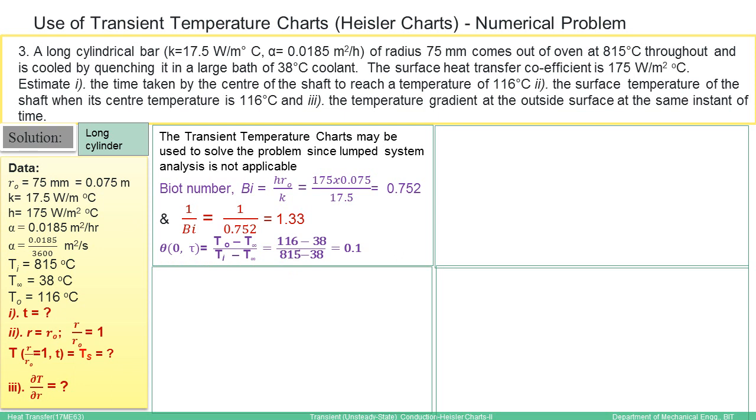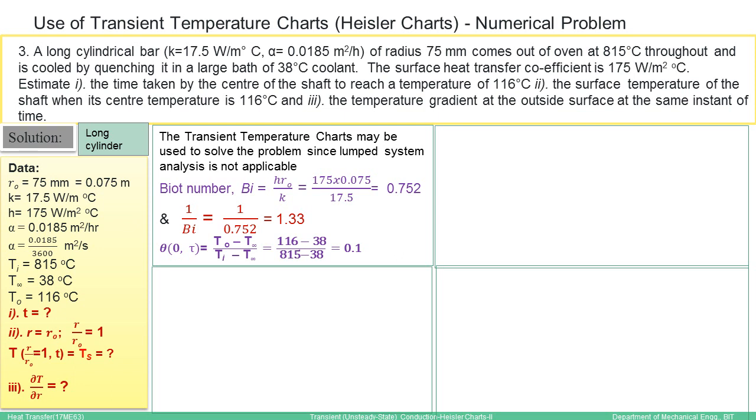Before we use the charts, since T naught, that is the center temperature, is given as 116, we can find out the dimensionless temperature, theta naught divided by theta I. Substituting the values of Ti, T naught and T infinity, we get it as 0.1.